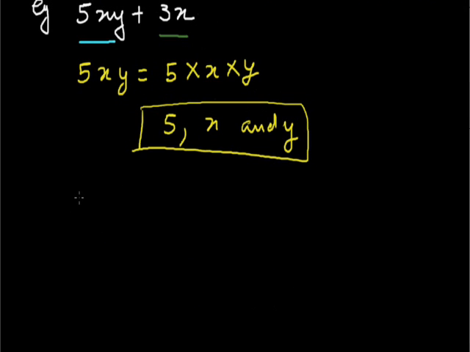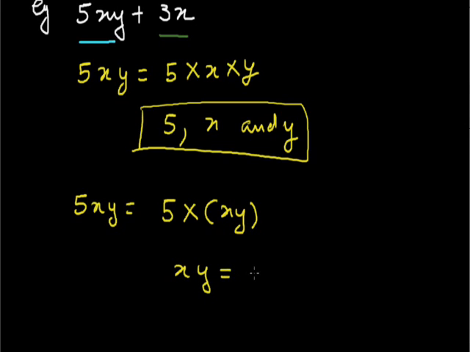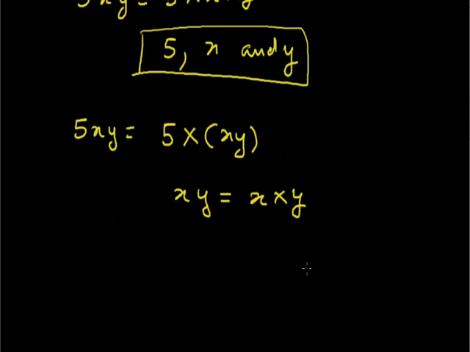But if I write 5xy as 5 into xy, this is not the irreducible form of 5xy, since xy can further be reduced into the form x into y. Thus, when we find the factors of an algebraic expression, we find the irreducible factors of that expression.